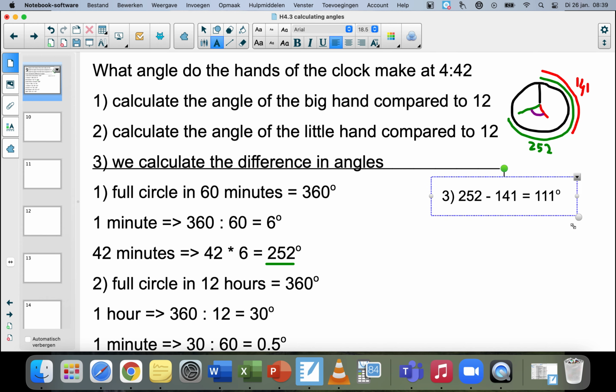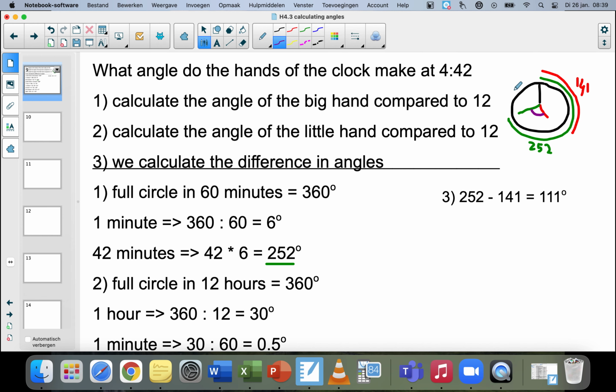So the purple one, the angle we were looking for, is 111 degrees. It's the difference between what the green hand did starting from the 12 and what the red hand did starting from the 12. So this is how we can calculate angles between the hands of a clock at any given time.